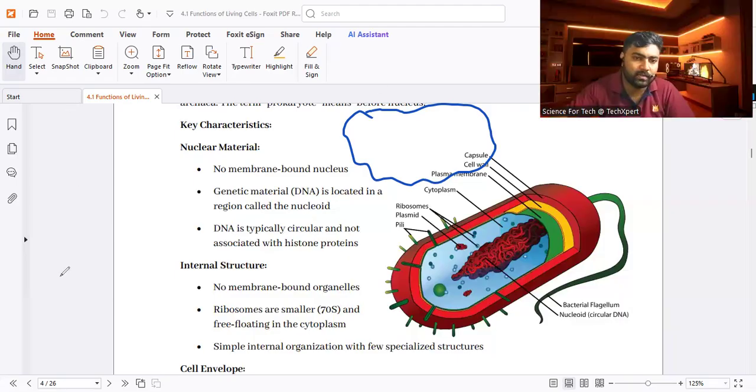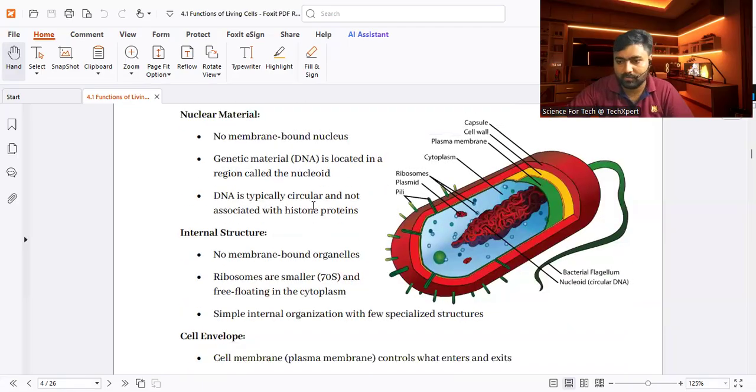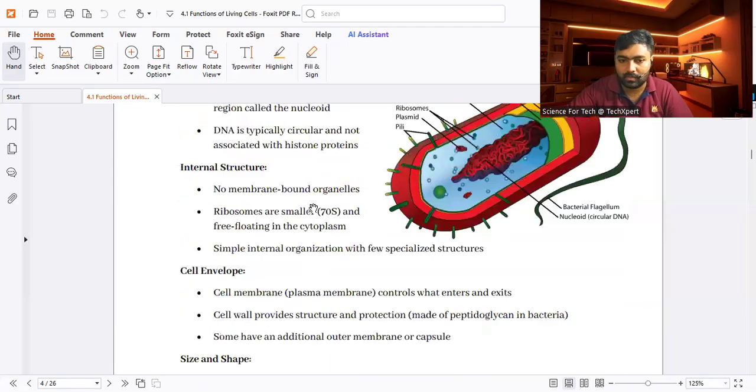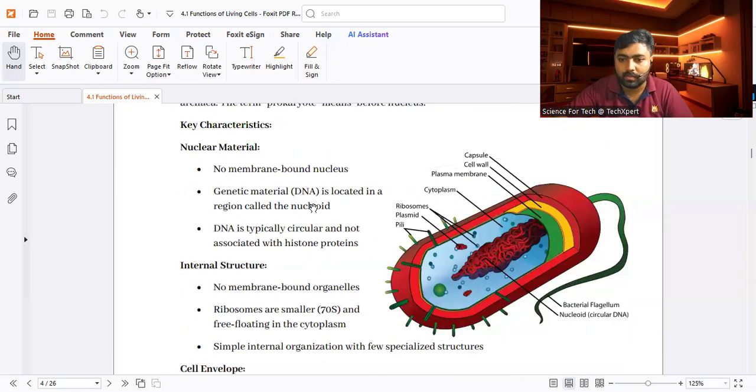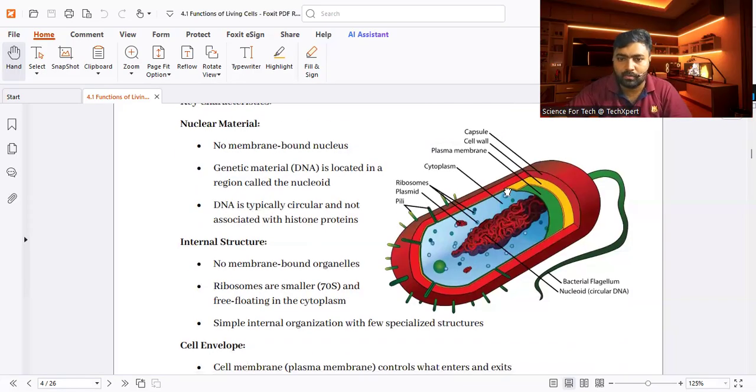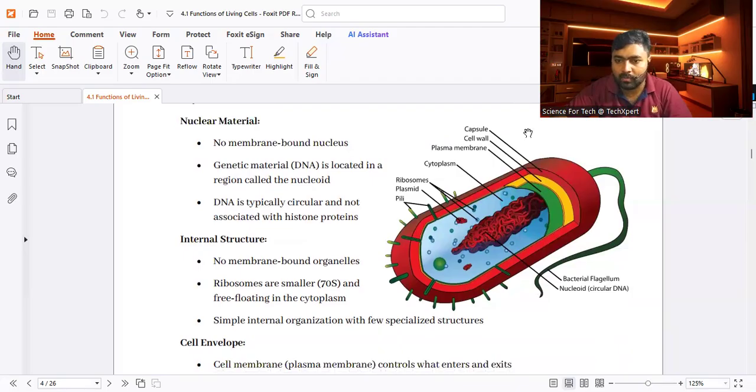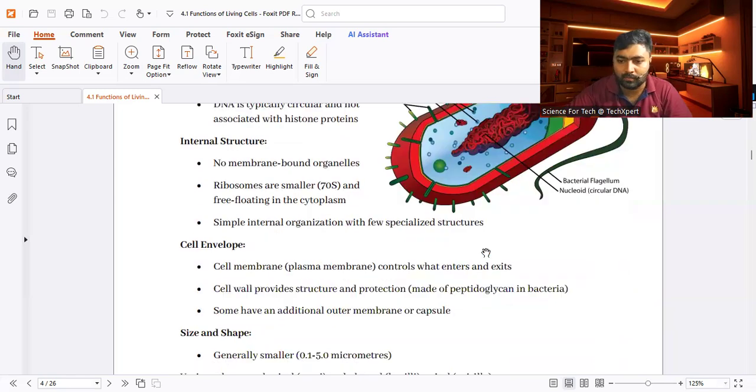Then let's see the key characteristics of prokaryotic cells. I have given you the diagram here, but you should have the ability to draw this by yourself.